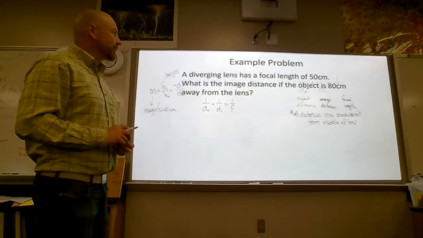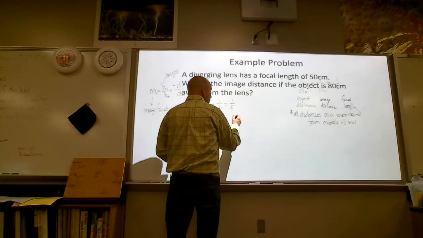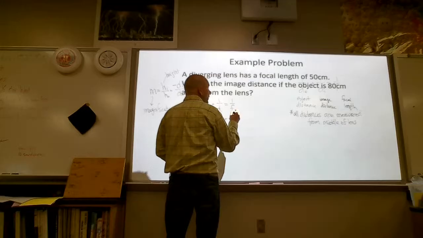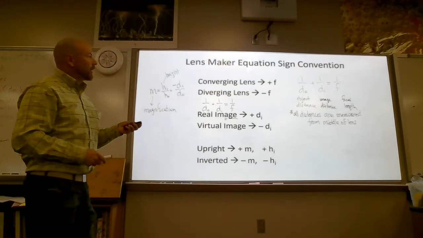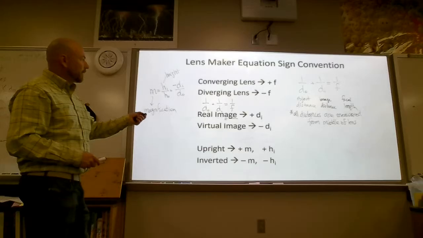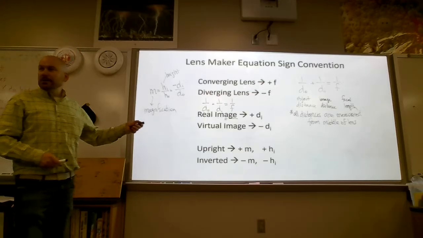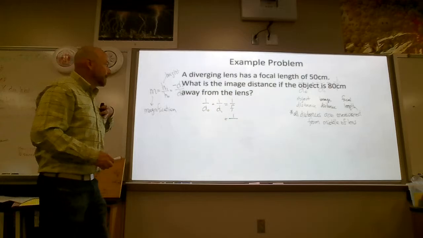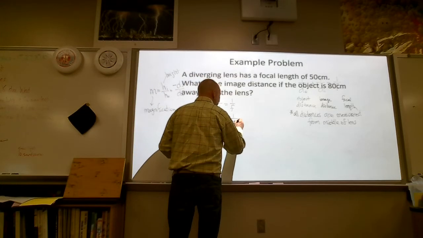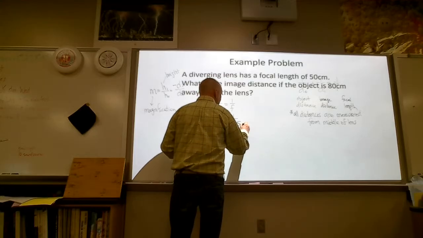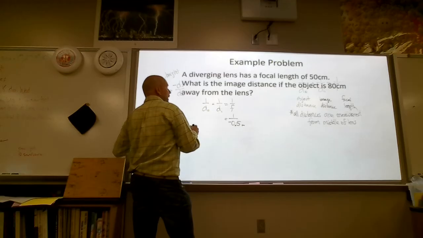If you express your answers in centimeters, just for consistency's sake, I'll convert it to meters because we always have been. So it is 50 centimeters. I need to assign a positive or negative to the focal length. It's a divergent lens, so I'm going to assign a negative value. And what is the image distance if the object is 80 centimeters?